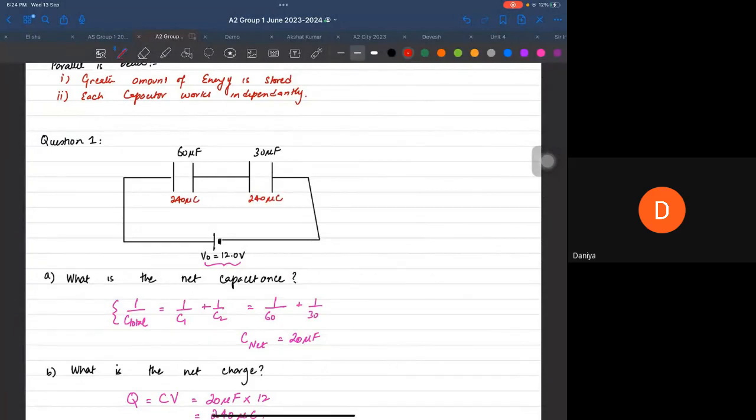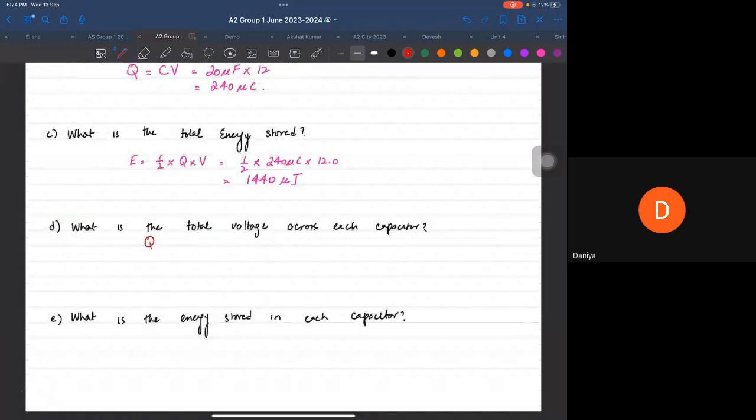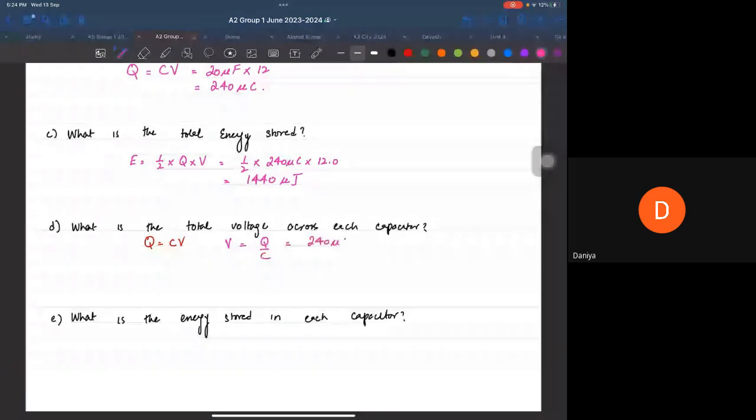If we have the charge and the capacitance, we can find the voltage. Because Q equals CV, V will be equal to Q upon C. The charge was 240 microcoulombs and the first capacitor is 60 microfarads. Micro and micro cancel out, so it's going to give us 4 volts.